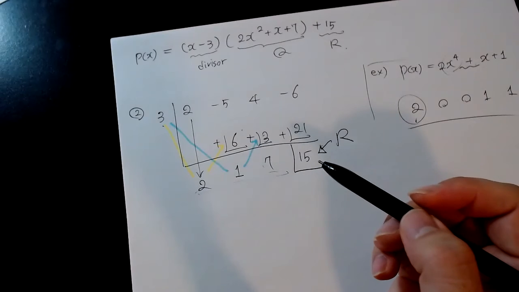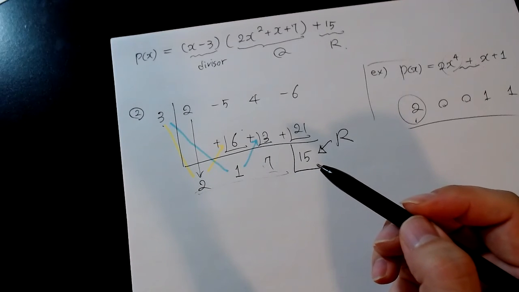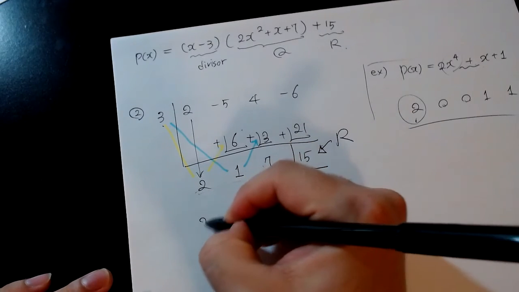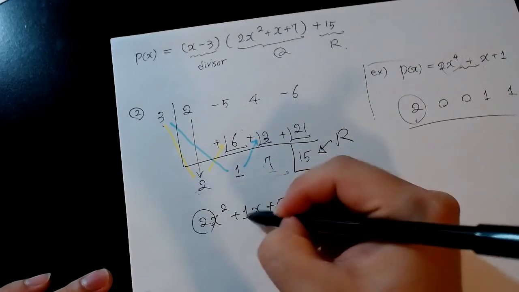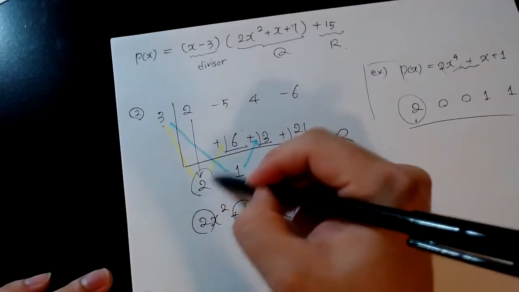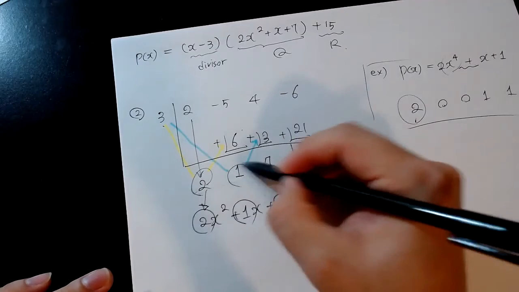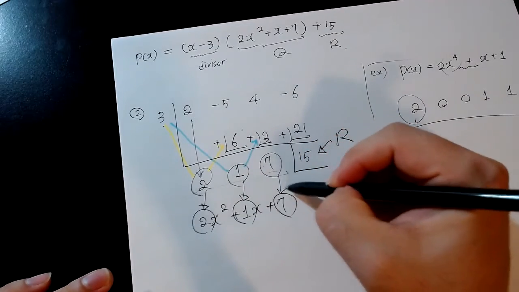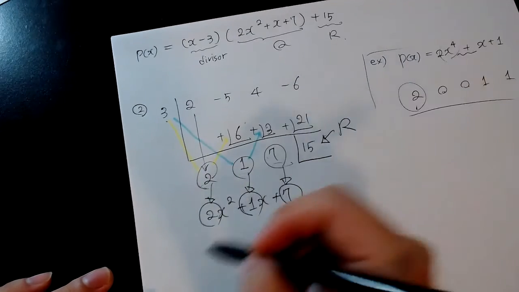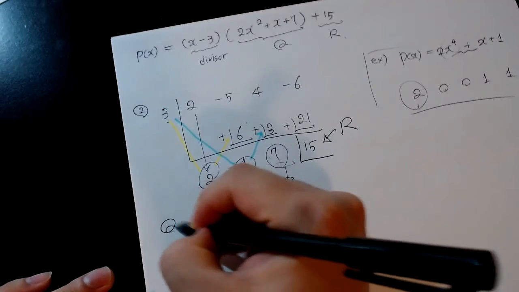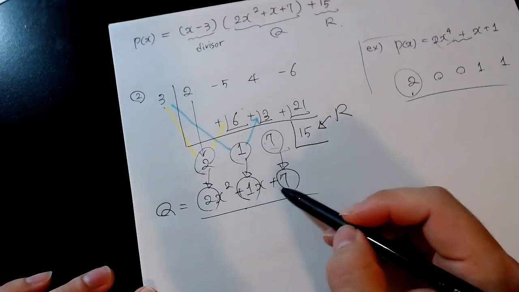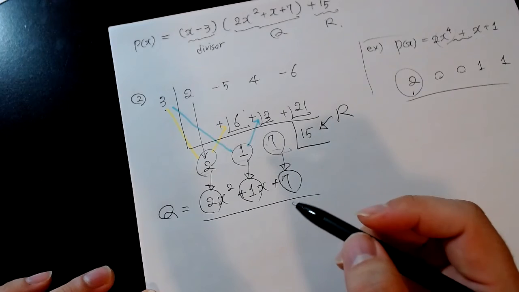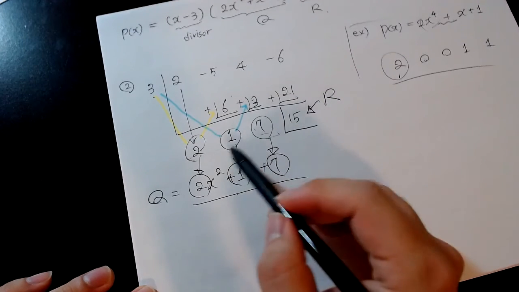So the polynomial one degree less is quadratic. These are the coefficients of the quadratic polynomial 2x squared plus 1x plus 7. See that? 2 is the coefficient of x squared, 1 is the coefficient of x, and 7 is the constant term. So the quotient is 2x squared plus x plus 7. That's the meaning of those numbers.